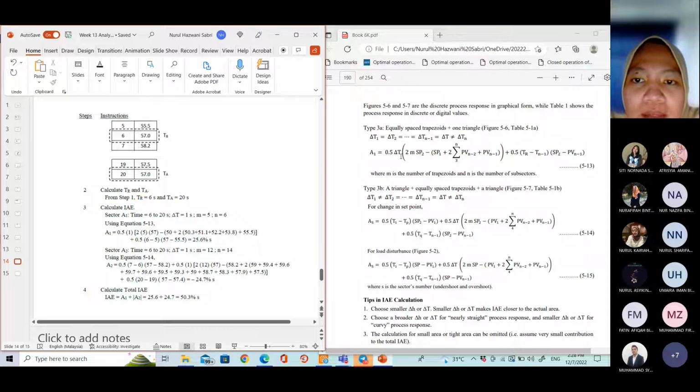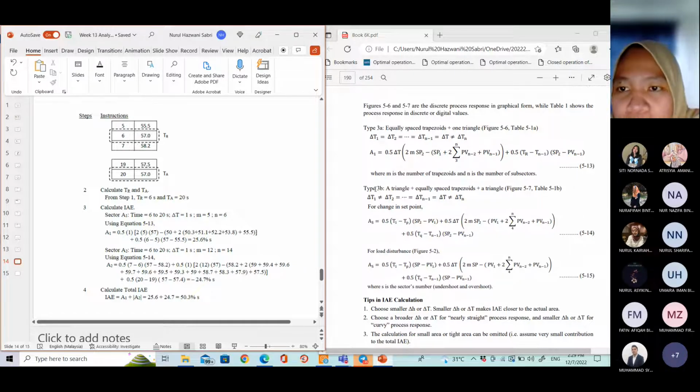Okay, so using this equation, I nak ajar you lah macam mana you nak gunakan. Okay, area 1, we have 0.5 delta T. Delta T just now is 1. You have 2M, M you pun you dah kenal pasti, which is 5. Your set point number 2, what is your set point number 2? 57 lah.